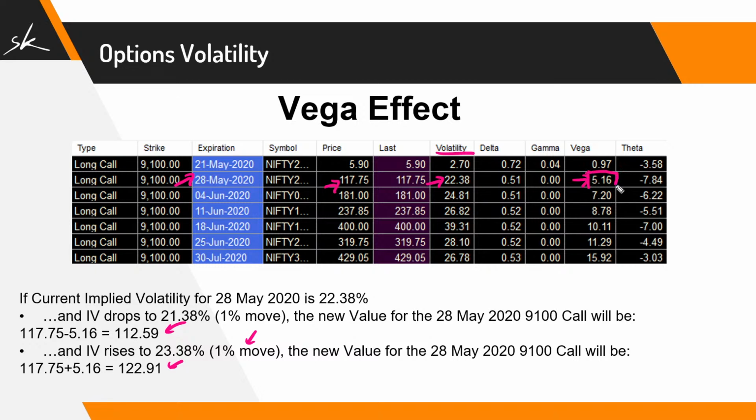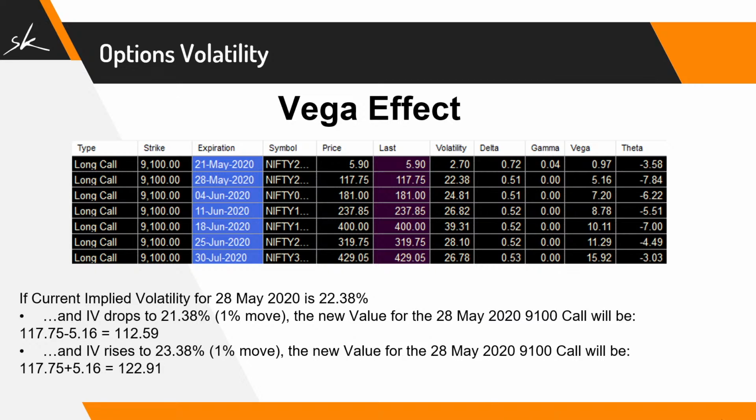So this is what Vega tells us: how much the value of that option premium will increase or decrease given a 1% change in the implied volatility. If it goes up 1%, the value increases by 5 rupees. If it goes down 1%, the value decreases by 5 rupees.